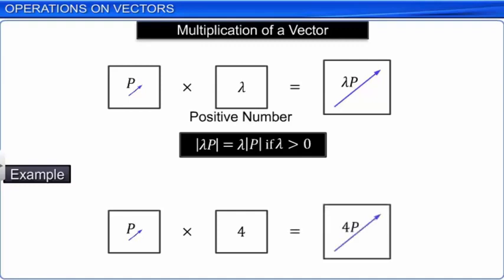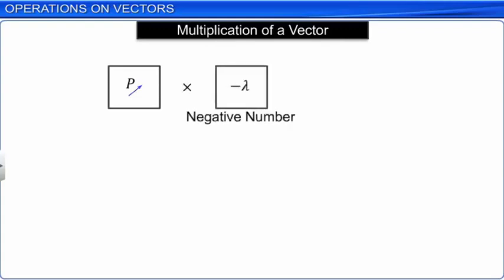On the other hand, when you multiply a vector p with a negative number, lambda, you get vector minus lambda p, whose direction is opposite to the direction of p, and its magnitude is minus lambda times that of mod p.